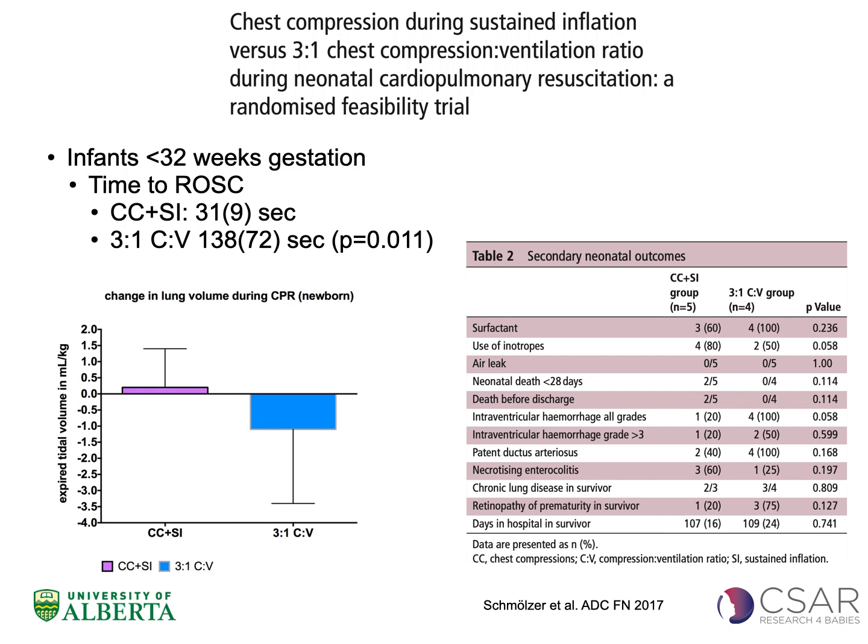The advantage is that with every chest compression, regardless if it's 3-to-1 or CCSI, whenever you push down on the chest, air comes out of the lungs. So you de-recruit the lung. With 3-to-1, you push 3 times onto the chest, 3 times air comes out, and then you give 1 inflation where you re-inflate the lung, and then with the next 3 chest compressions, you push out air again until you inflate again with the next inflation.